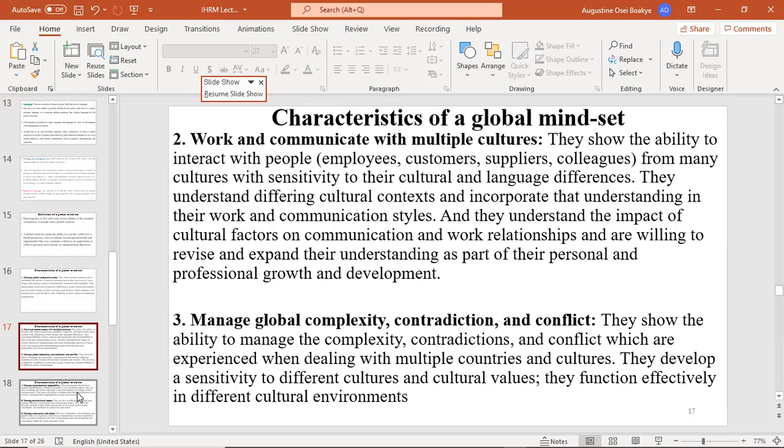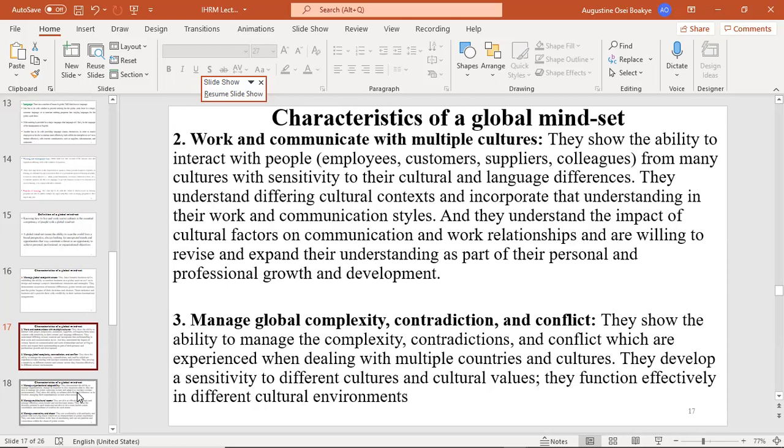The third one is that they are also in a position to manage global complexities, contradictions, and conflicts. That is, they show the ability to manage complex contradictions and conflicts which are experienced when dealing with multiple countries and cultures. So such people are less likely to be subdued by a clash of cultures.